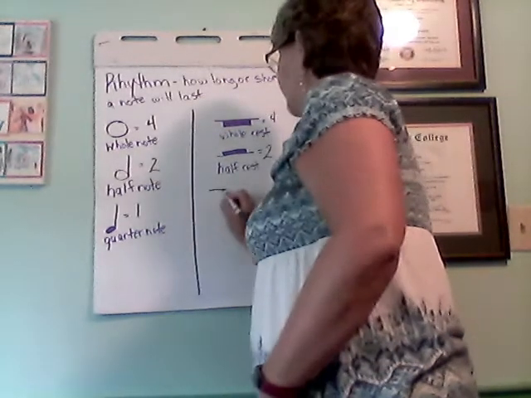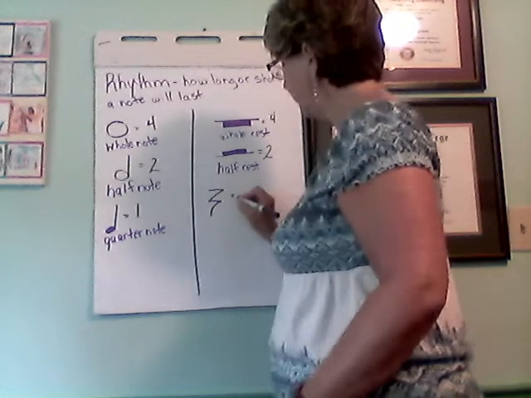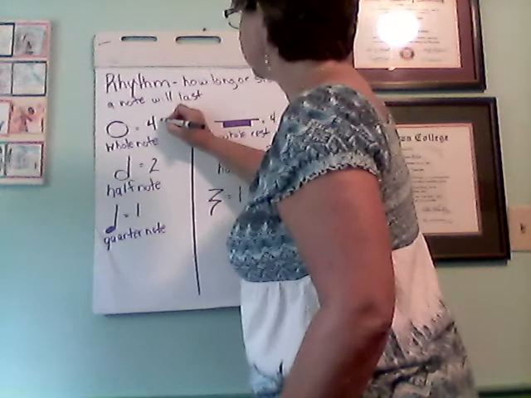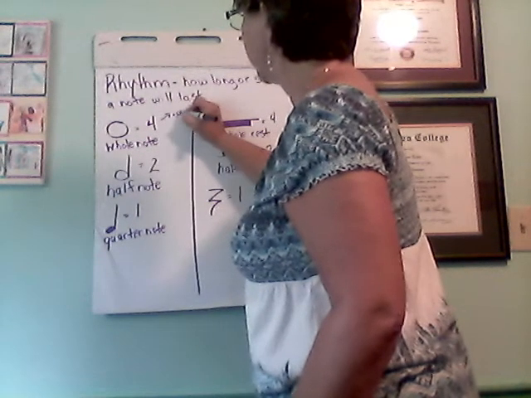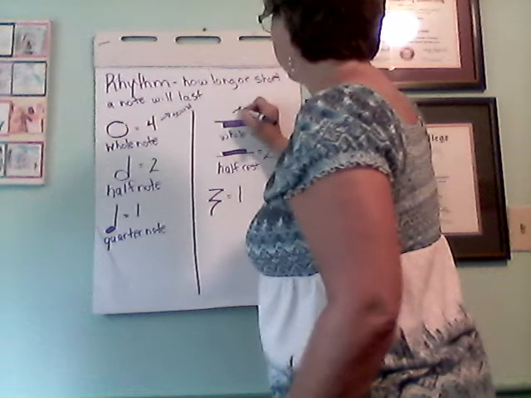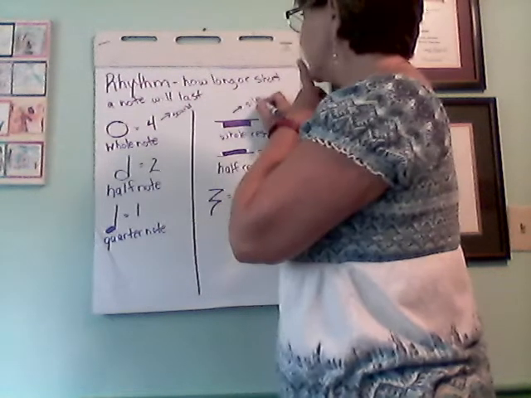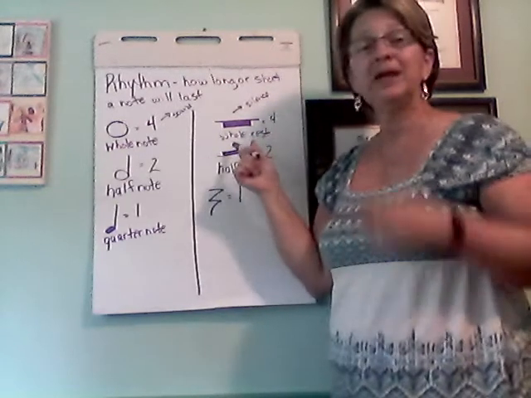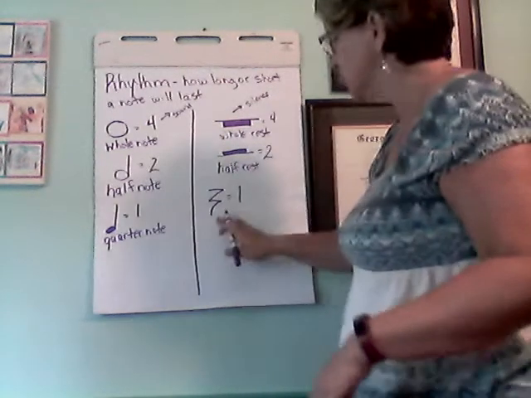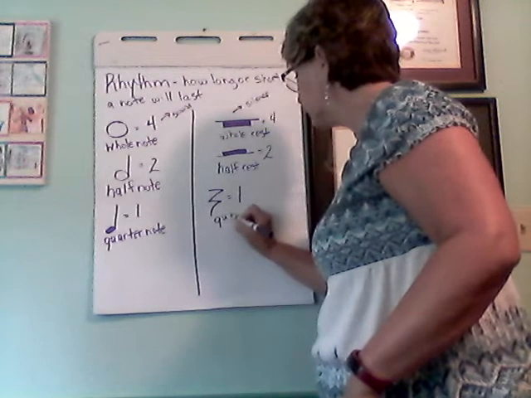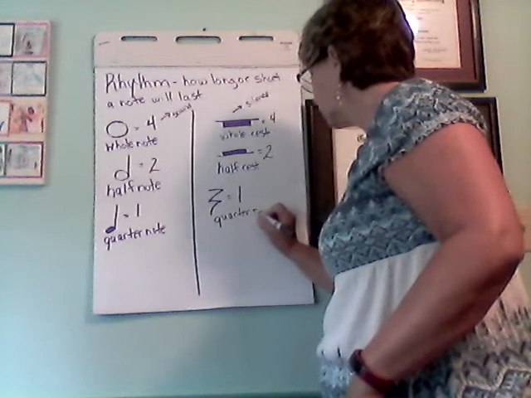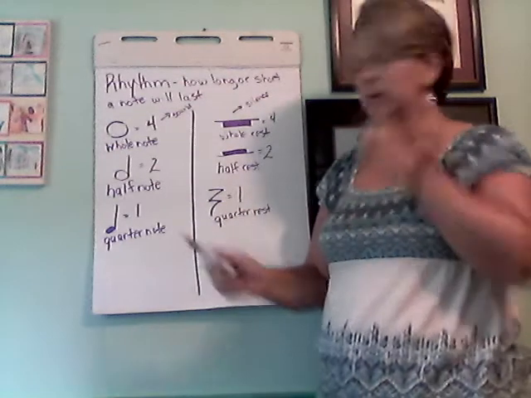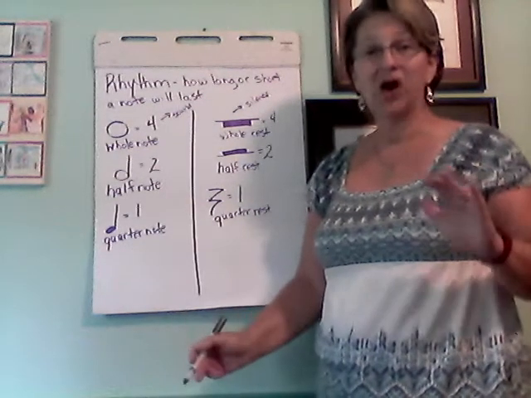So I go like a Z, then I put a tail on it, and this gets 1 beat of silence. So remember, these are getting sound, and these are getting silence. They still count. It's just they count for being quiet, being very quiet. So this is a quarter rest, and when I see it, I say shh. When I see this, I say ta.